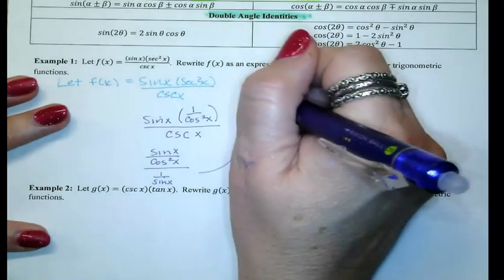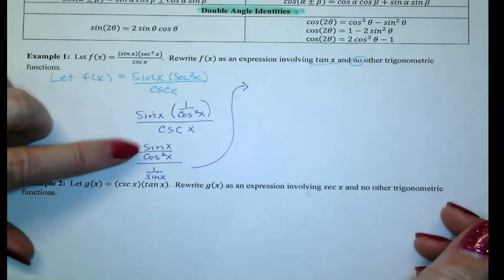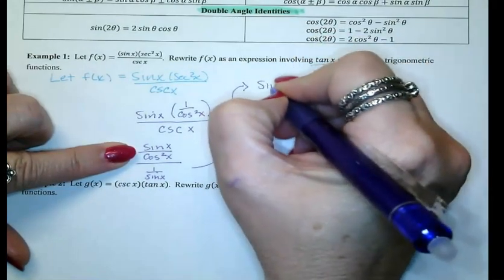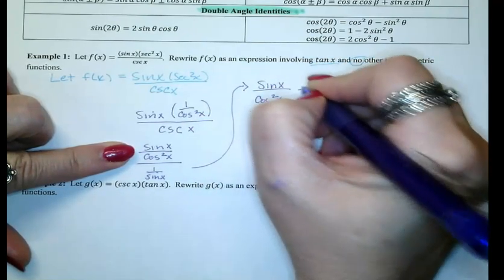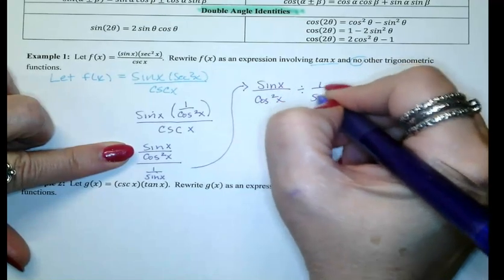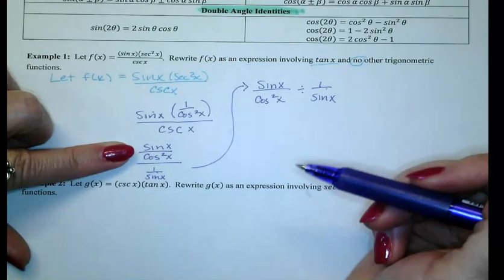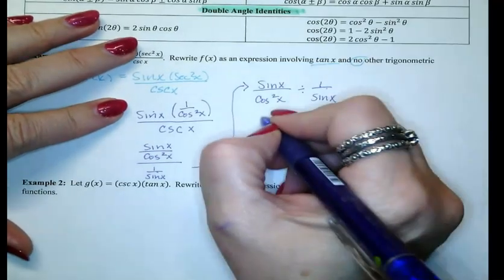So now I'm going to clean this up. This kind of is a gross form. It's a fraction within a fraction, a complex fraction. But remember, that just means sine of x over cosine squared x divided by 1 over sine x. And you may be more comfortable with that form, and that's okay. So when I divide by a fraction, I multiply by its reciprocal.